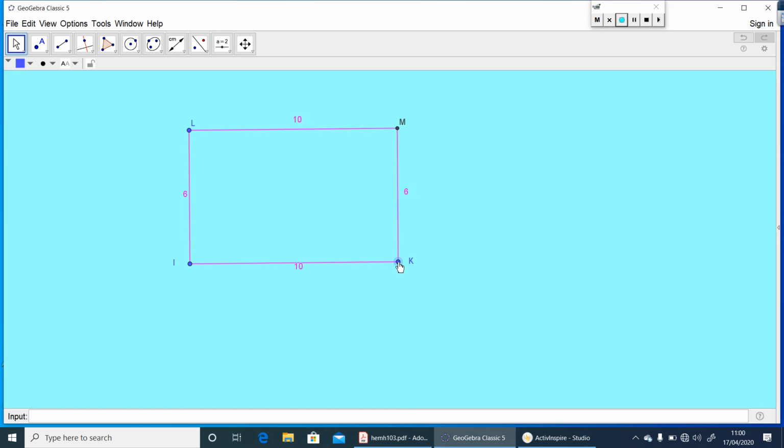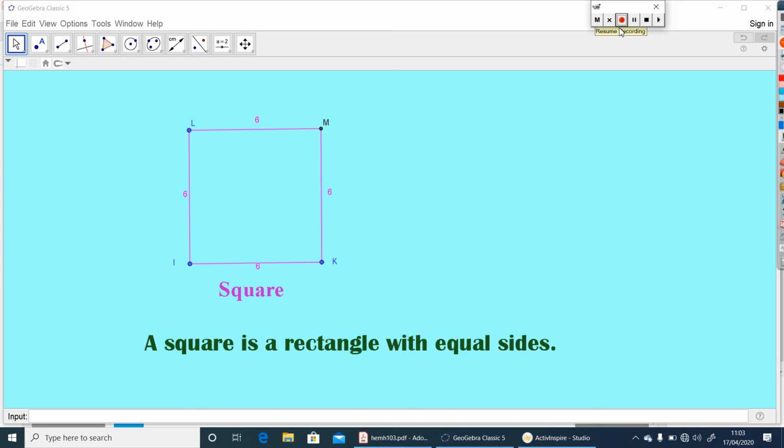Let us see what happens. Now you see all sides become equal. This is also a familiar figure to you. This is called a square. Then how can we define a square? A square is a rectangle with all sides equal. So we can write a square is a rectangle with equal sides.